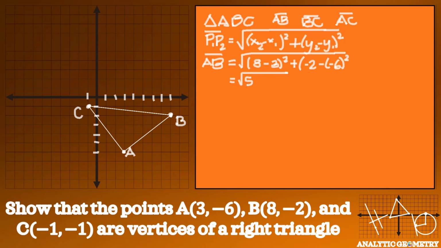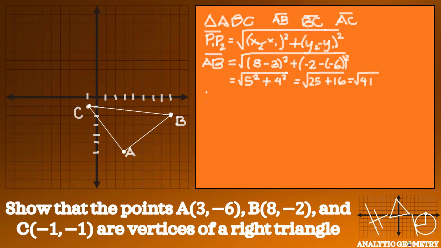This is 5 squared plus -2, double negative property. We still have one more parenthesis here. We have -2 plus 6, that's 4 squared. So we have the square root of 25 plus 16. So the length of AB is equal to the square root of 41. That's the length of AB.